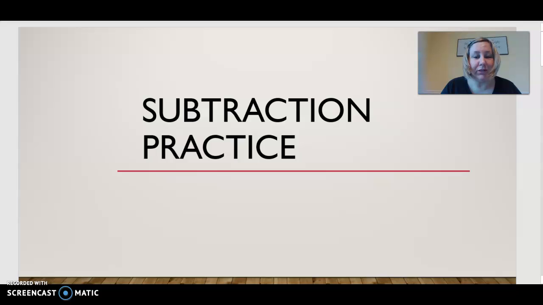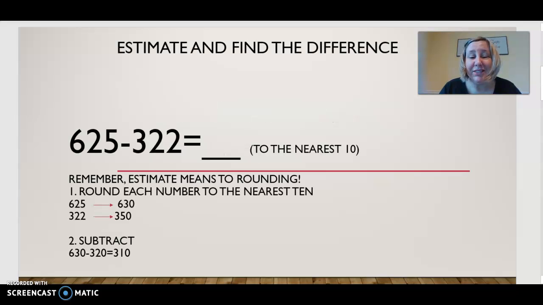So we're going to do subtraction practice. Right now, I just need you to listen to me. You don't have to write anything down. So, if it says estimate and find the difference, then our problem is 625 minus 322, then to the nearest 10.